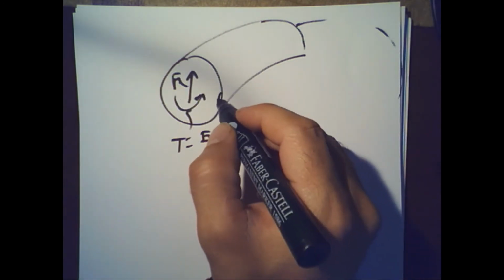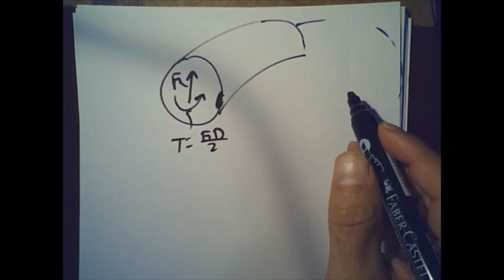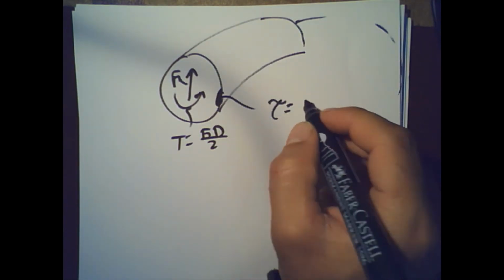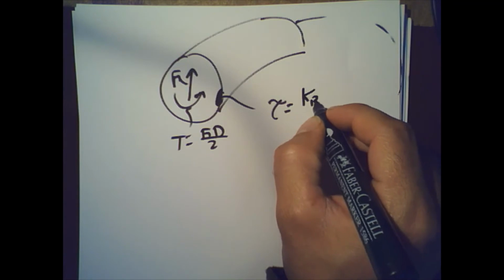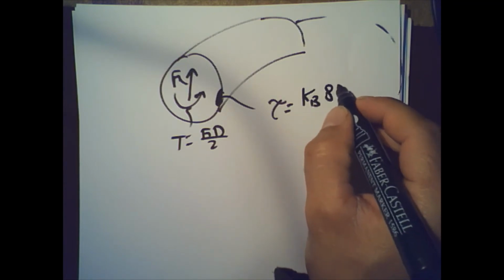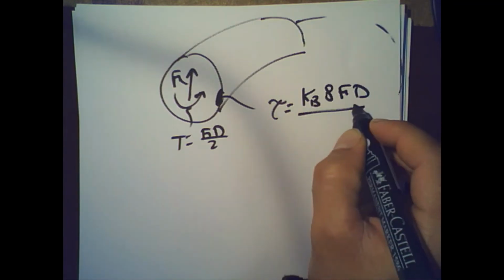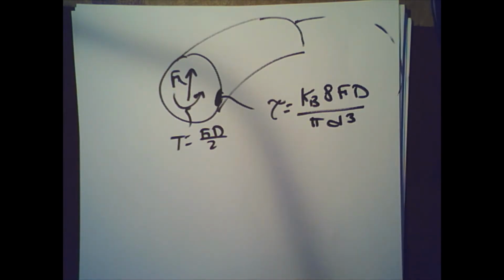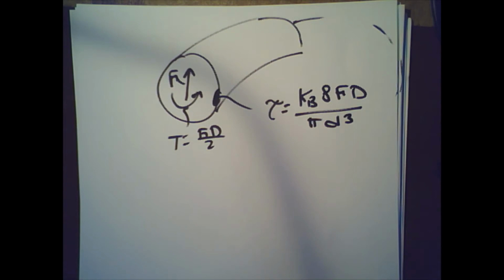Based on these two we're going to have the maximum stresses here. So we said the shear over here is going to be equal to how much? Kb multiplied by 8 Fd, divided by pi d cube. This is a very important equation that you should memorize, or should know on the second exam or the final.